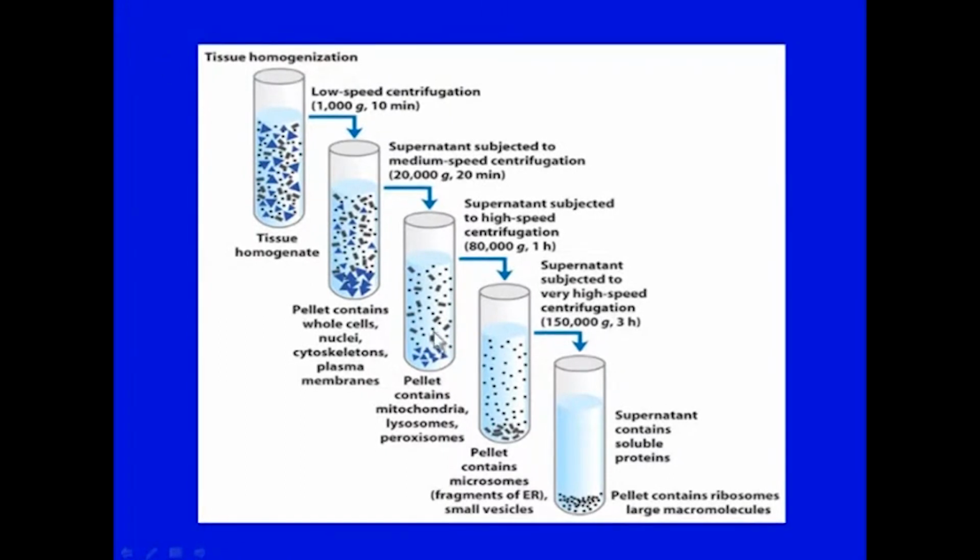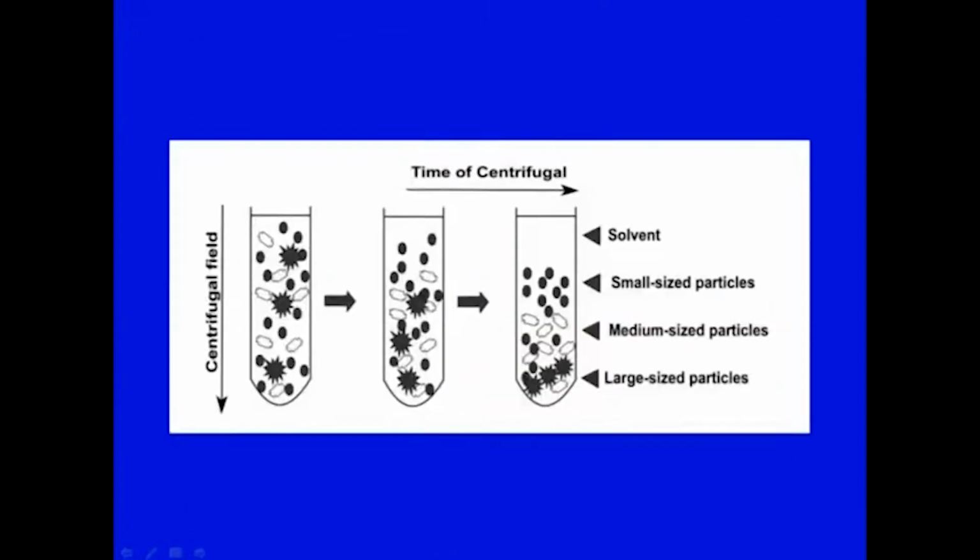So, this is how differential centrifugation is done in steps, and a lot of things could be separated on the basis of their rate of sedimentation, which is dependent on the applied centrifugal field and their mass. So, this is how centrifugation is done in differential centrifugation.